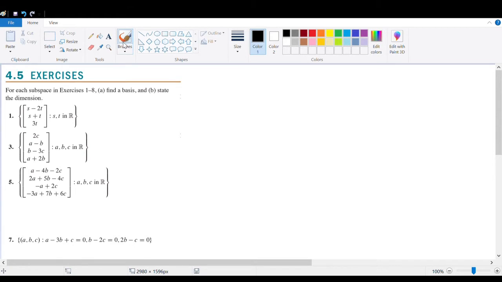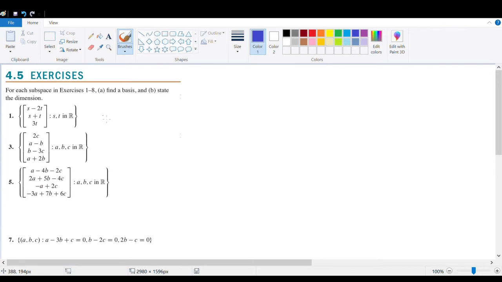For each subspace in exercises 1 to 8, (a) find a basis, (b) state the dimension. So the basis is a set of linearly independent vectors that spans H itself.